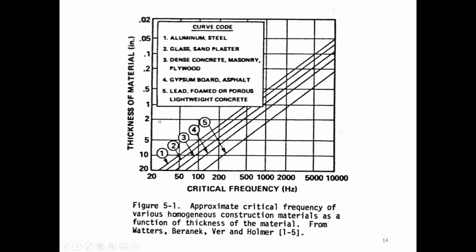There used to be a lot of lead impregnated things because it's so dense. It's dense and it's relatively limp, so it did a great job for isolating sound, but it obviously has toxicity issues. But if you have any of these materials, you know the thickness of your material, you can just use this table and get the critical frequency.